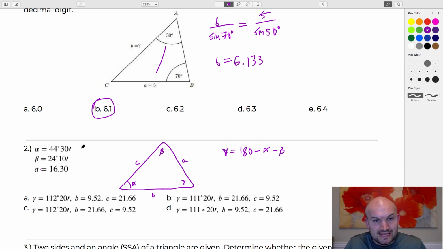And again, there's 60 minutes in 1 degree. So we know there's going to be 20 minutes left. But if I just did 180 minus 44 and then minus 24, that gives me 112. But remember, there's also 40 more minutes that I need to subtract from there. So therefore, that's why the answer is going to be 111 degrees and then 20 minutes left over. And again, you can kind of think of that as, if you do subtract these, you can convert these to decimals.